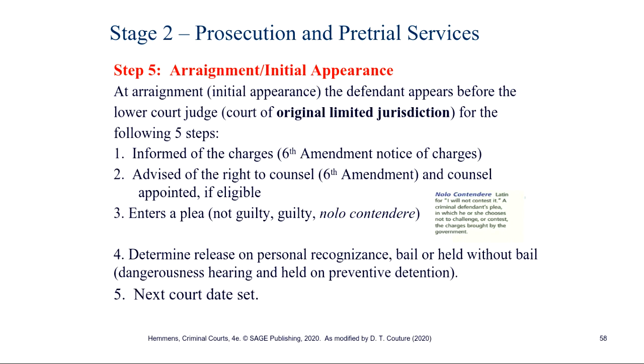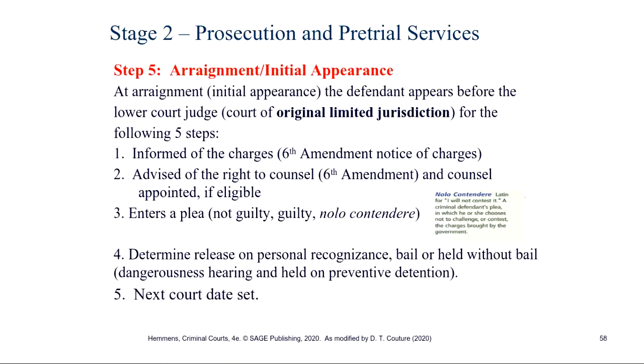Okay, very important that happens at the arraignment is the judge has to determine whether the defendant's going to be released or held. If the defendant is released, will the defendant be released on his or her personal recognizance, which means a verbal promise, I will make all my court appearances? Or will the judge say, I will release you, but you must post bail?